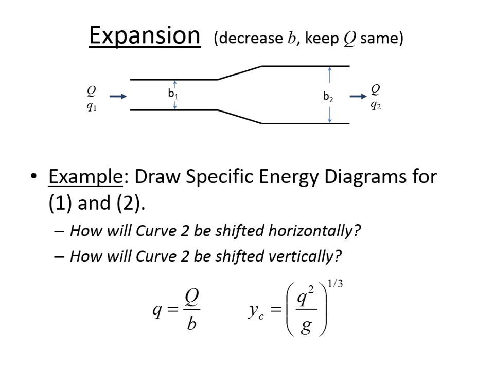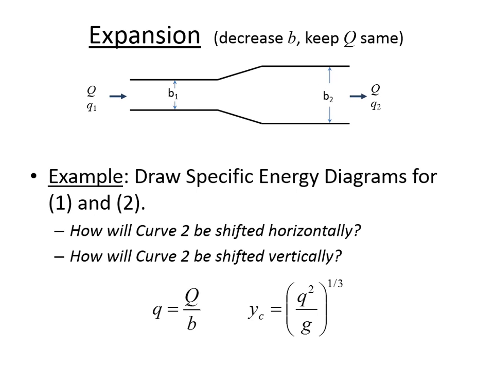Okay, so here was our original Yc, and here was our original E minimum. And 2 is when the channel got narrower, it went up and right.